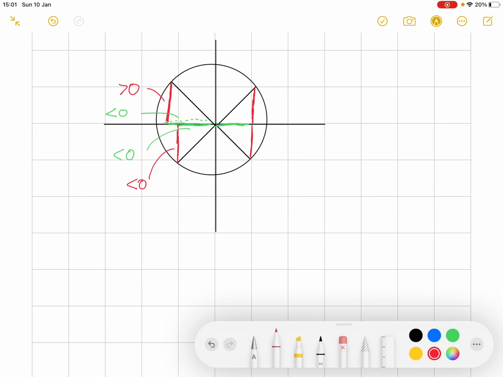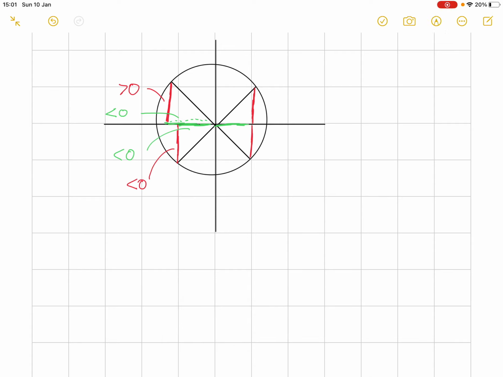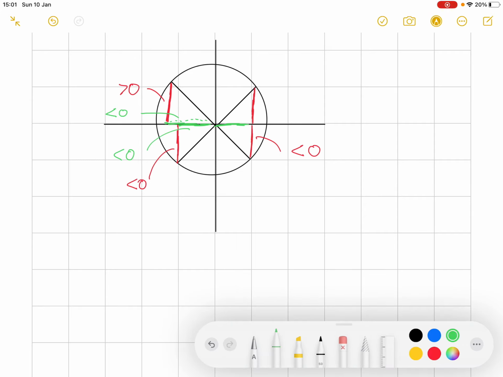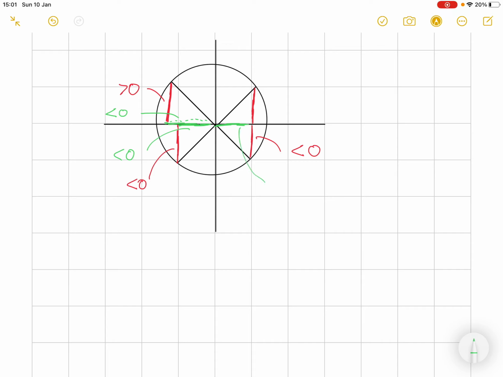And lastly, over here, this red line is still below the x-axis, so it's still less than 0. But that green line is to the right of the y-axis and is subsequently positive.